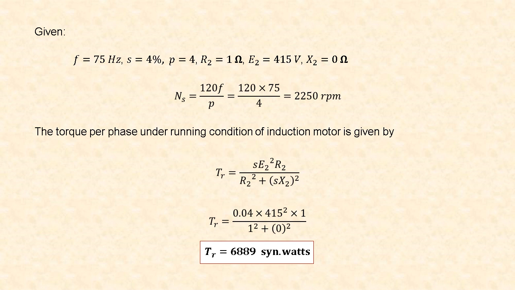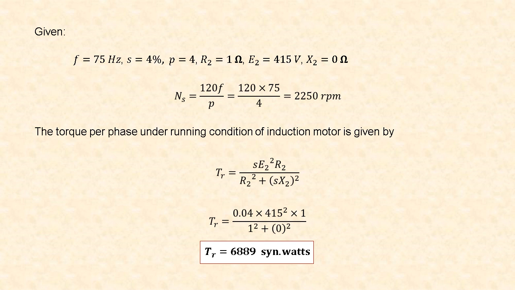Substituting, we have the synchronous speed Ns as 2250 rpm. Under running condition of induction motor, the torque per phase is given by the formula Tr is equal to S into E2 square into R2 divided by R2 square plus S into X2 the whole square.